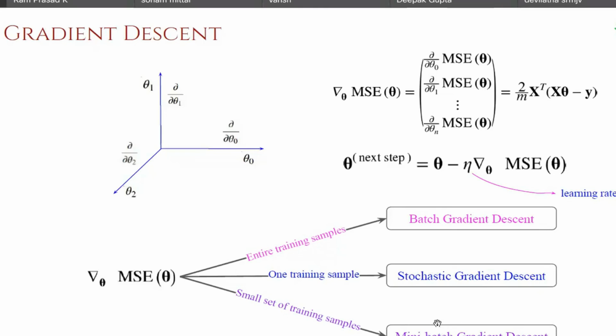But in statistical machine learning, if we are not dealing with a humongous amount of samples, you can go for batch gradient descent, or you will go for mini batch gradient descent. Sometimes stochastic gradient descent is also used. So it is all left to the researchers what kind of gradient descent update you want to do.